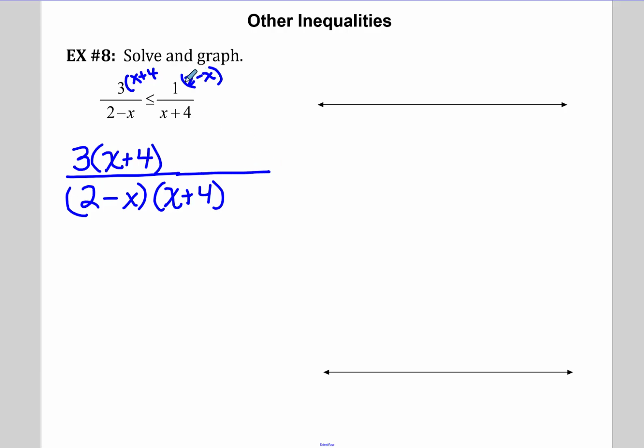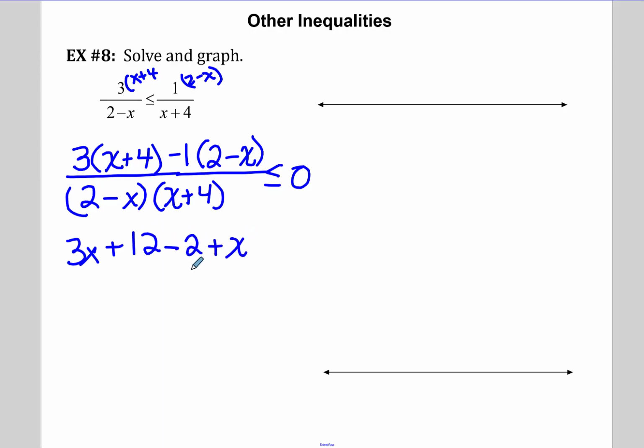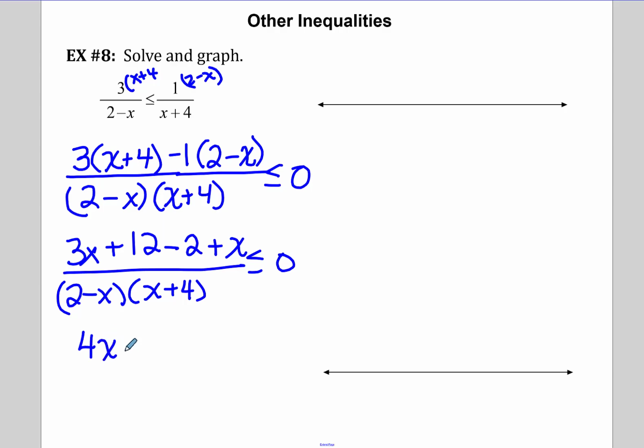And keeping all that together, if I subtract 1 and multiply that term by 2 minus x, then we have a common denominator, and our numerator looks like 3x plus 12 minus 2 plus x over that common denominator. And collecting like terms in the top, we have 4x plus 10 over that common denominator.